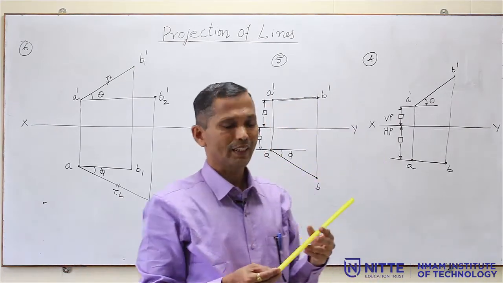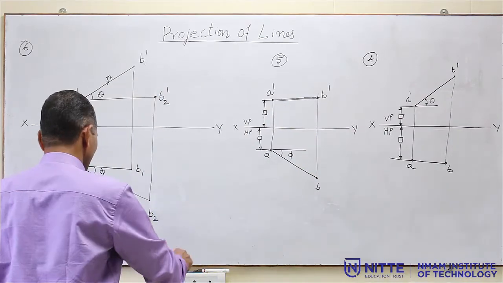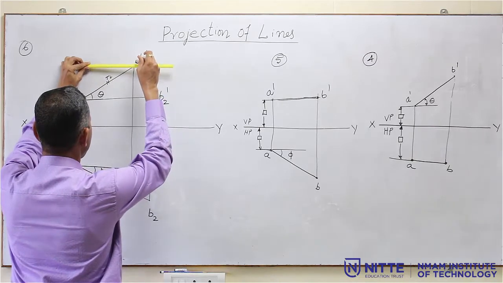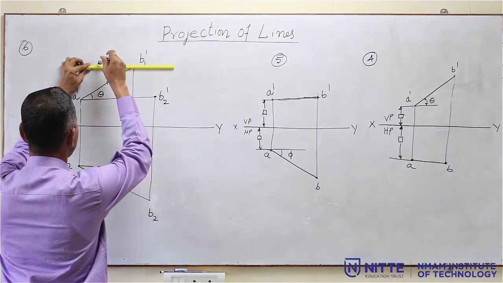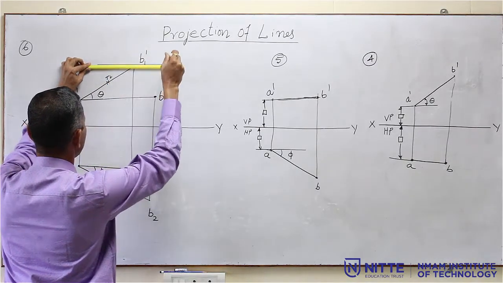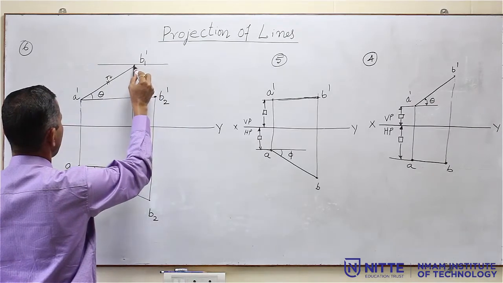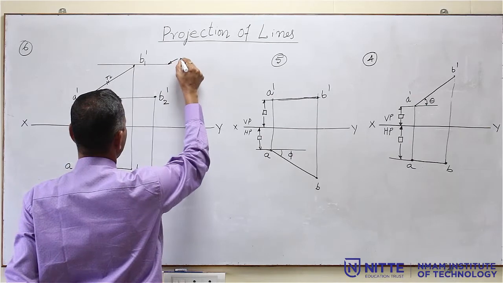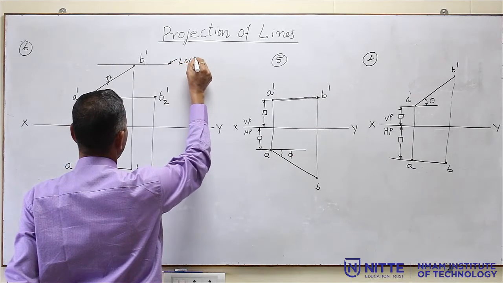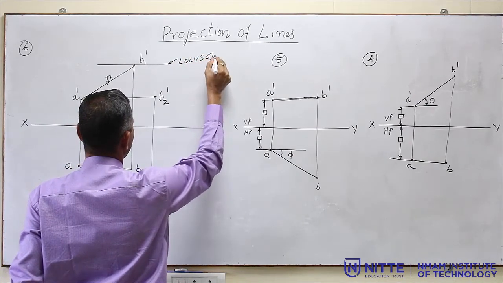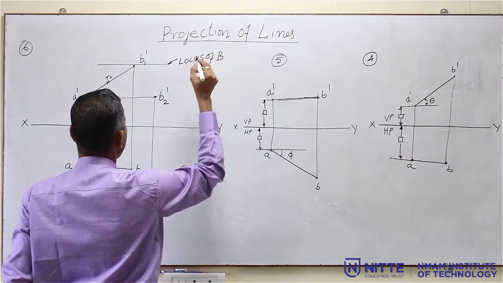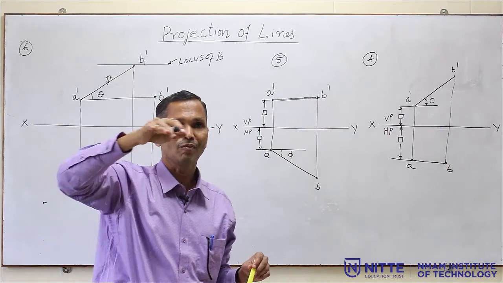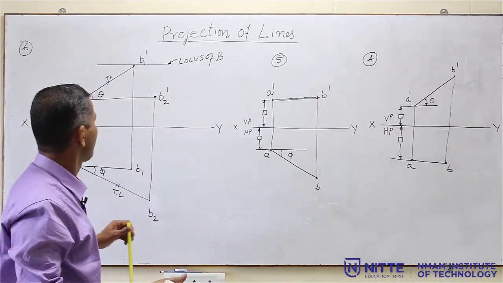So, we have to obtain it. That means B dash will be in the same plane like this, somewhere here in this line. So, I will call this the locus of B. Locus means the path of a moving point; somewhere here I have to locate it.